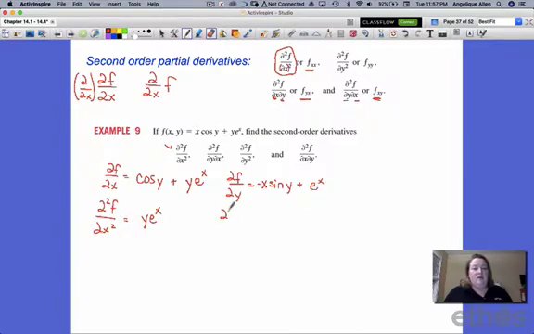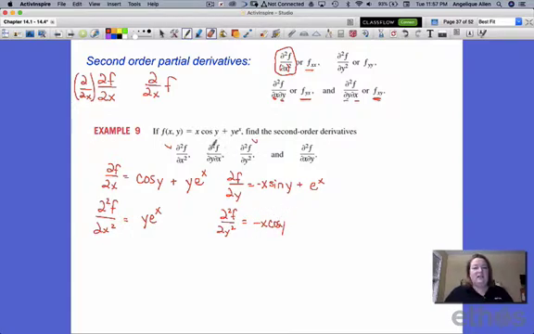And so the second derivative of f with respect to y both times up here, that means we have to take the derivative of sine y with a constant in front of it of negative x. So negative x cosine of y. My notebook just fell. And then the derivative of e to the x with respect to y is a constant. So this is our entire second derivative, and that takes care of that.